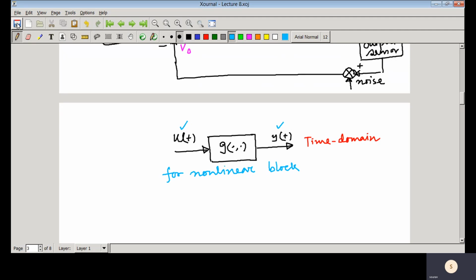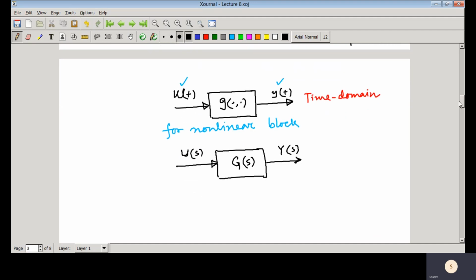But in case of linear time invariant system, a block is represented like this. This is actually the input output behavior. So U(s) is the input and Y(s) is the output, and here you have the transfer function.